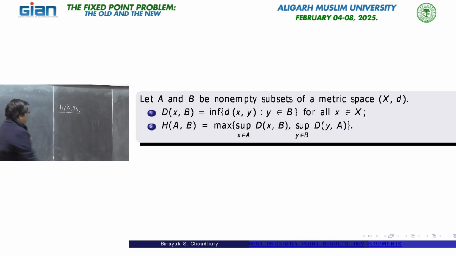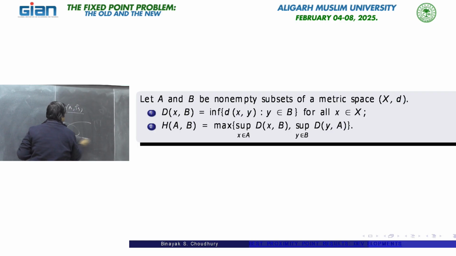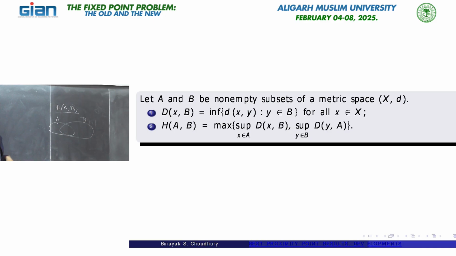You take this distance alpha and you take this distance beta. You take the maximum of alpha and beta. This is the distance between two sets.